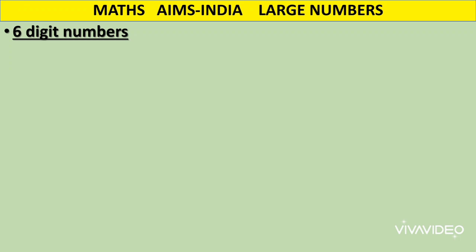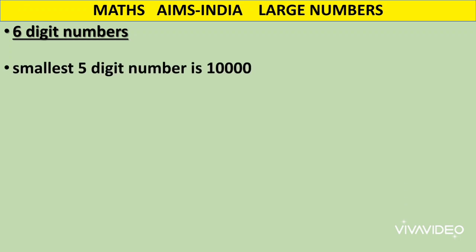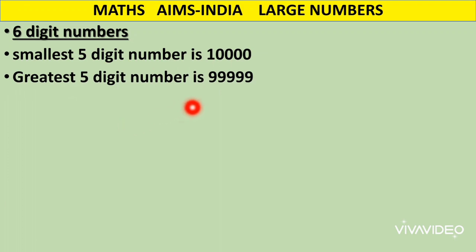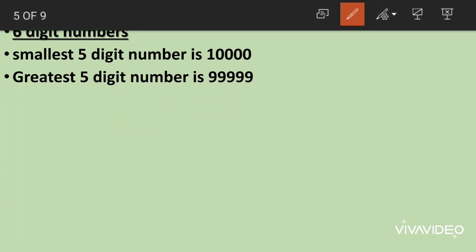That was all about 5-digit numbers, and now we will learn about 6-digit numbers. What we have learned is that the smallest 5-digit number is 10,000 and the greatest 5-digit number is 99,999. Remember this, children, whenever they ask you to write the smallest number.